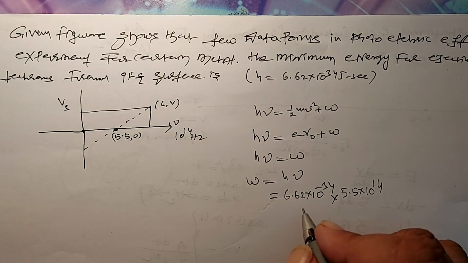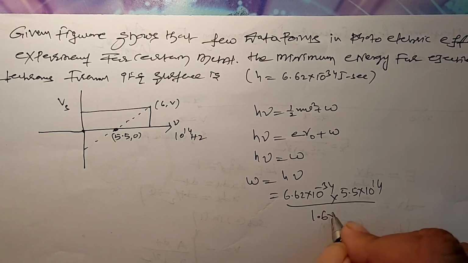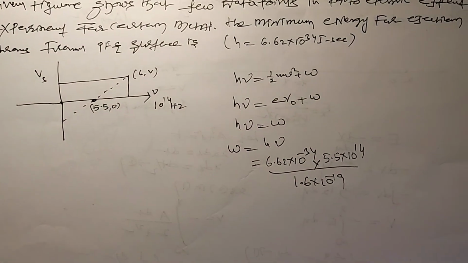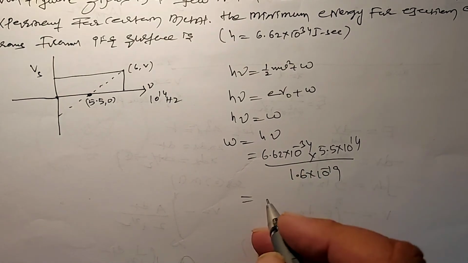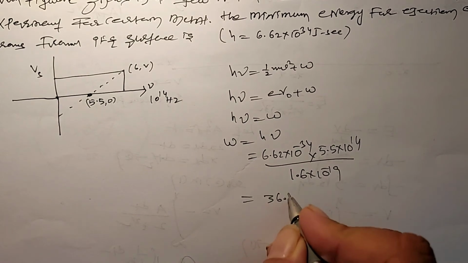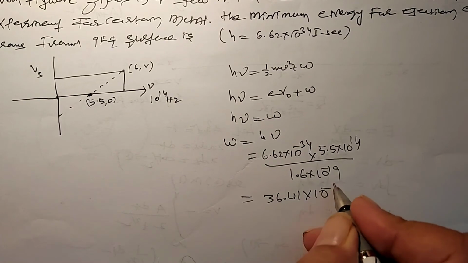The answer is given in electron volts, so we must divide by 1.6 into 10 to the power of minus 19. Now 6.62 into 5.5 gives 36.41 into 10 to the power of minus 1.